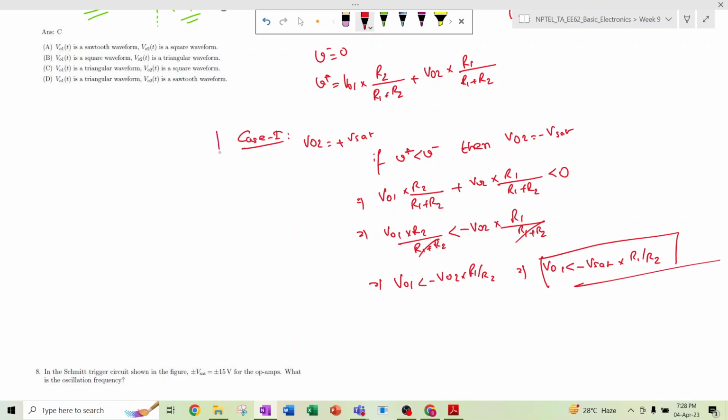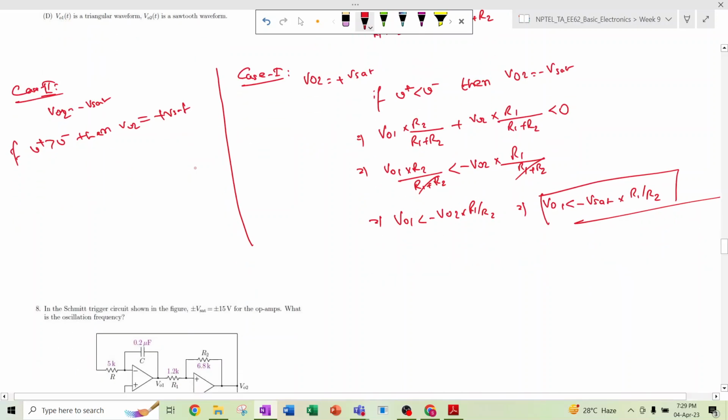Similarly if we consider case 2, what is happening in case 2, suppose this VO2 is equal to minus Vsat. That means if V plus is greater than V minus, then only this VO2 becomes plus Vsat, from minus Vsat to plus Vsat.